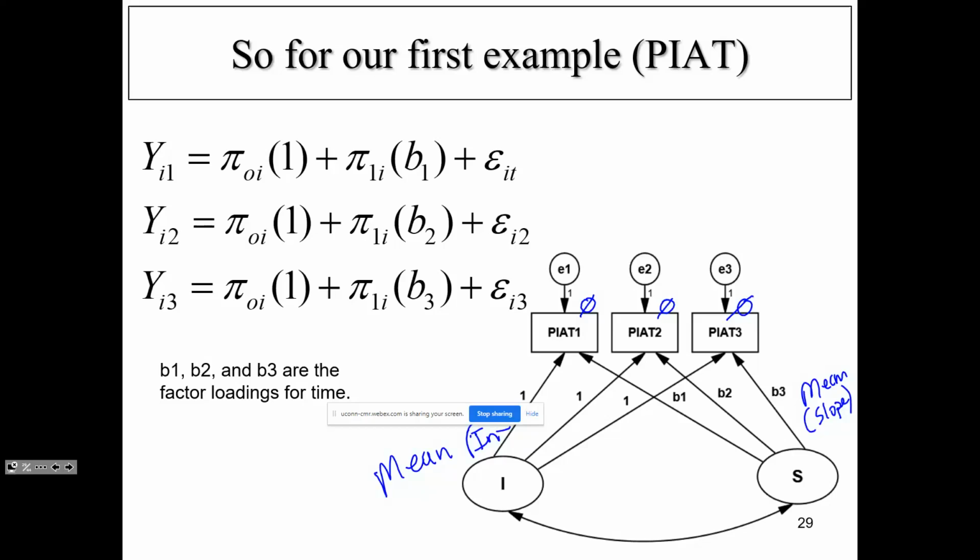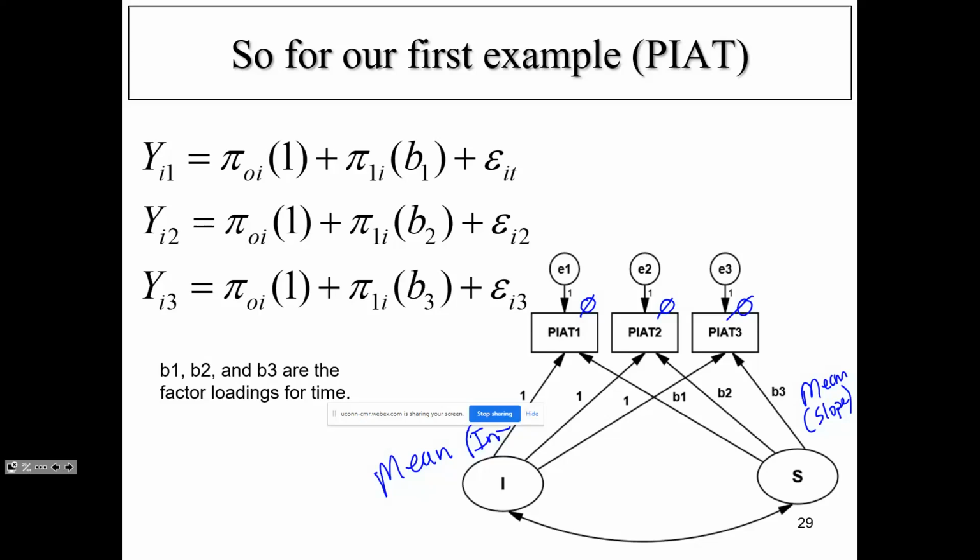But with growth models, that's absolutely not true. We are over-identified in the mean structure part of the model. And so how well these latent variables are able to reproduce the PIAT scores over time is really going to contribute to the misfit of the model.